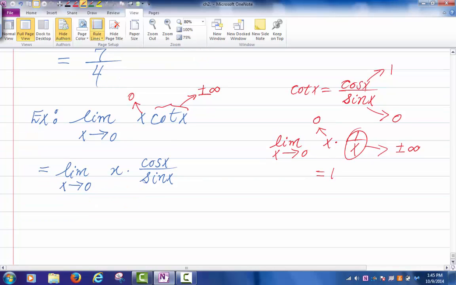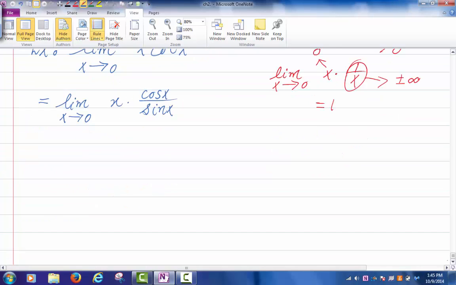So then I can rewrite this as the limit as x goes to 0 of x over sine x multiplied with cosine x. You guys agree with that? And now what can I say about the limit of x over sine x? The limit of x over sine x is 1.